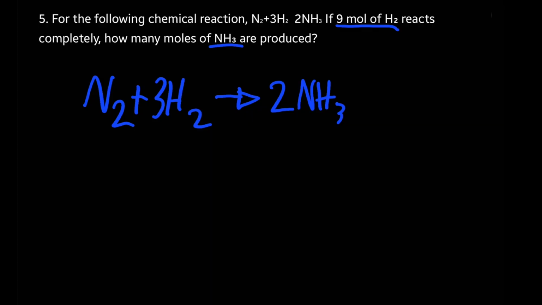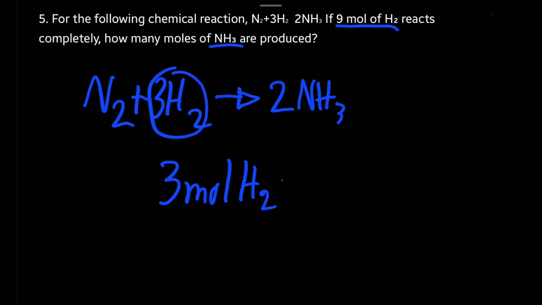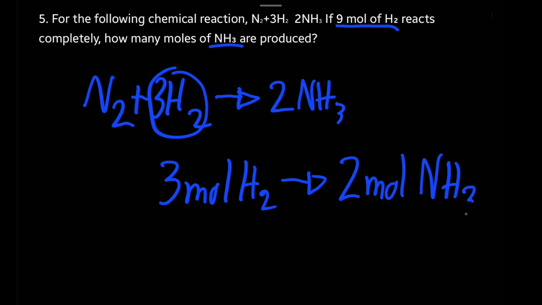So let's write it. As you can see here, we need 3 moles of H2 would yield us 2 moles NH3. And it asks if we had 9 moles.